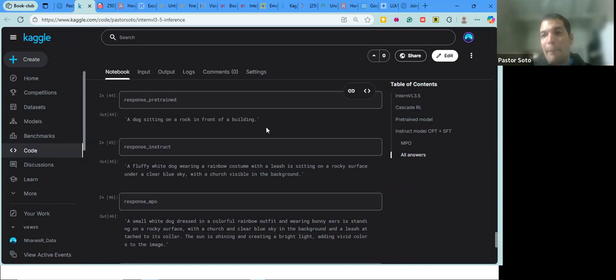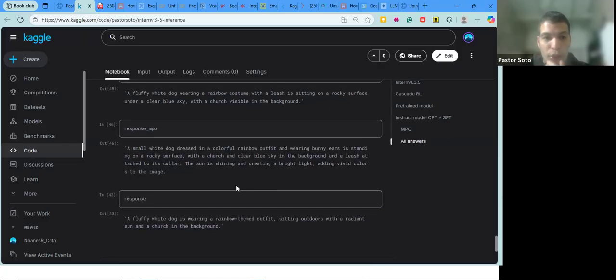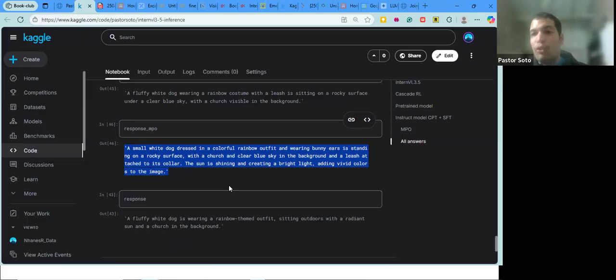This is the response of the same model at the pre-training stage, before supervised fine-tuning and the cascade reinforcement learning we did. It doesn't fully understand the image. Also, when I say "shortly," it describes every single detail at the MPO stage. That would also be an example of a not good answer for me, at least.